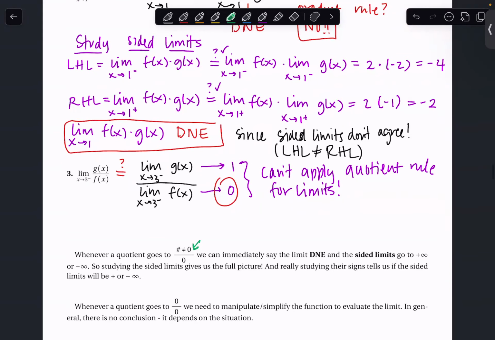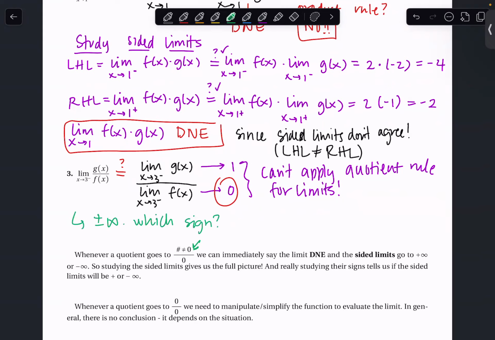Okay, so what we can do here, since this is already a sided limit, is I know this is going to be plus or minus infinity. My goal is now just to decide, is it positive or is it negative? So this goes to plus or minus infinity, and our goal is to decide which sign it is.